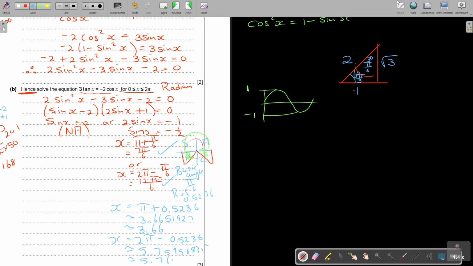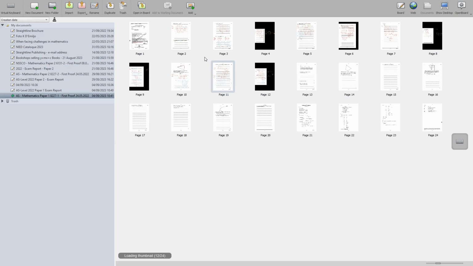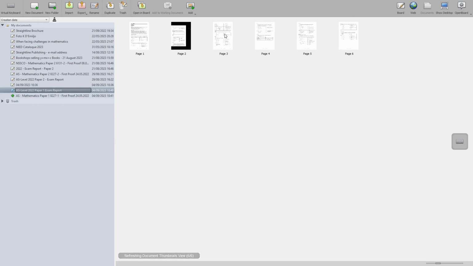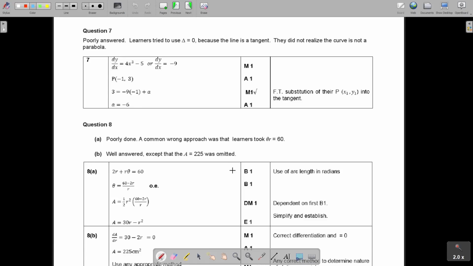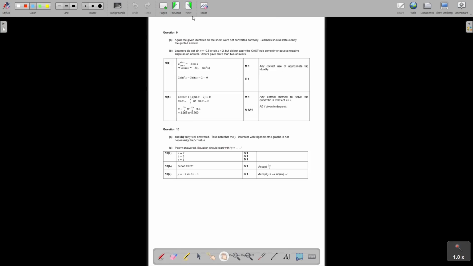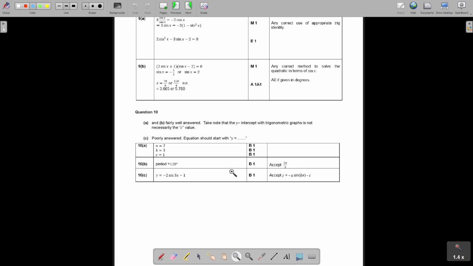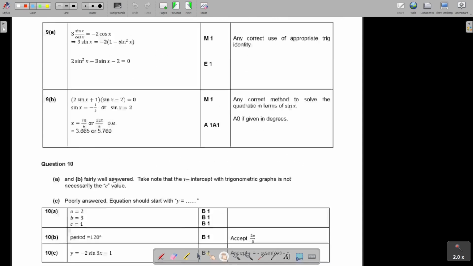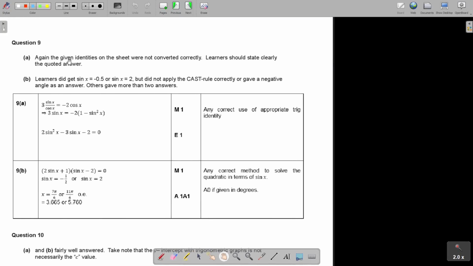Let's just go to the exam report, and I'll show it to you. This is question number 9. No, it's on the next page. Let's see what they say here. Again, the given identities on the sheet were not correctly copied.